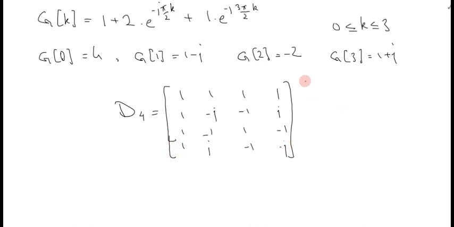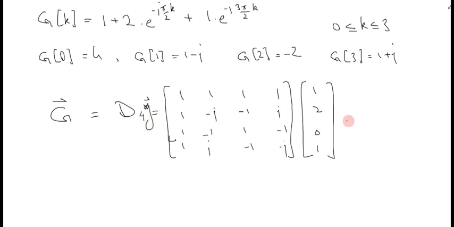So if you multiply this matrix with 1 2 0 1, what you will get is the same answer, 4, 1 minus j, minus 2 and 1 plus j.